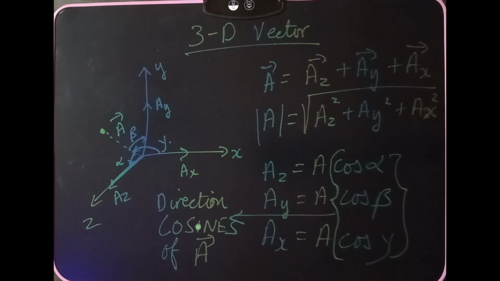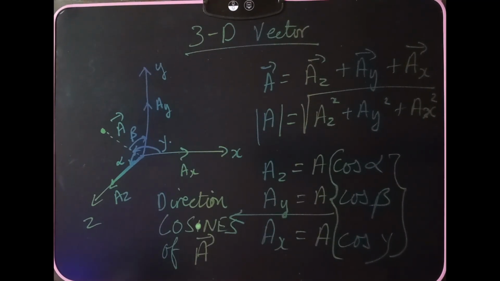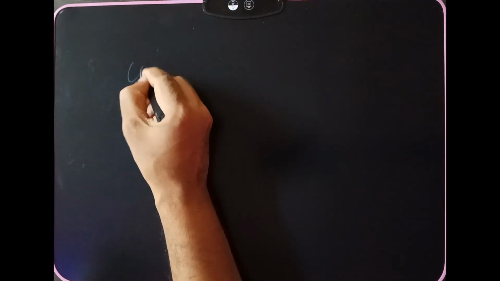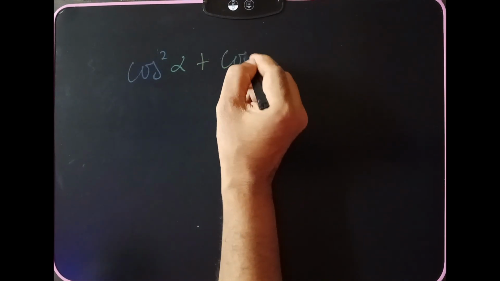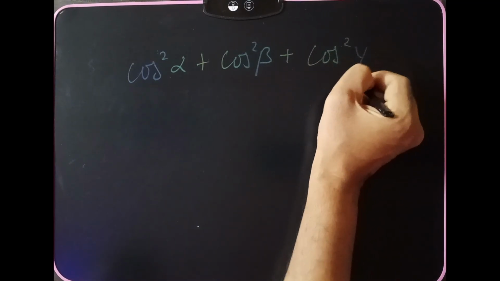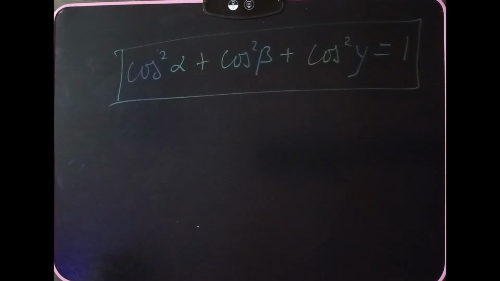And direction cosines have a property, which I'll write on the next slide. The direction cosine property is cos square alpha plus cos square beta plus cos square gamma is equal to 1. This you're supposed to remember.